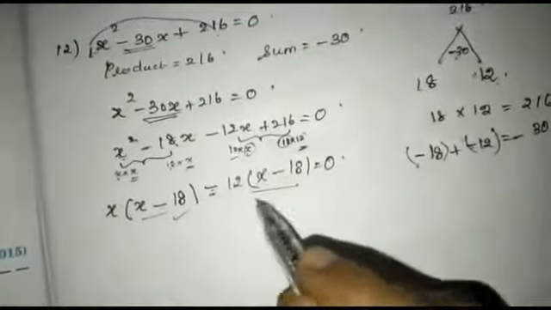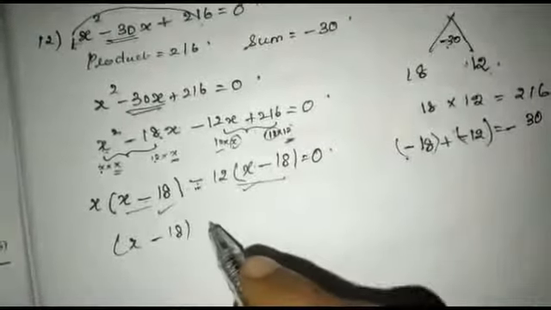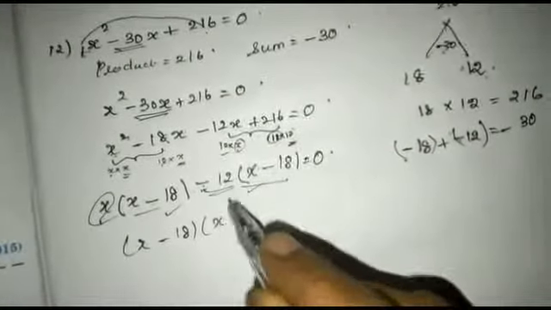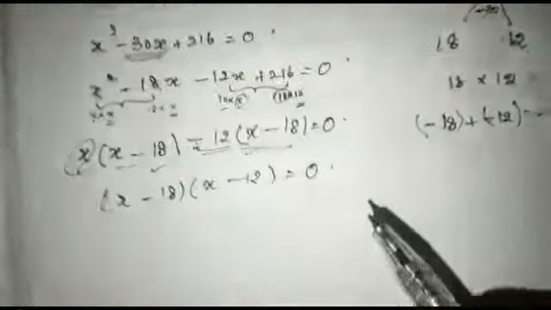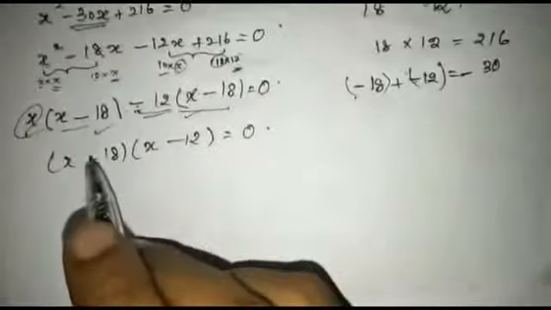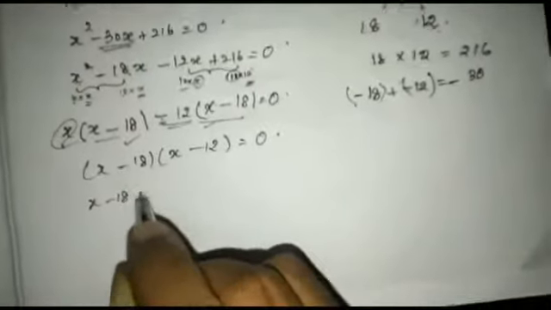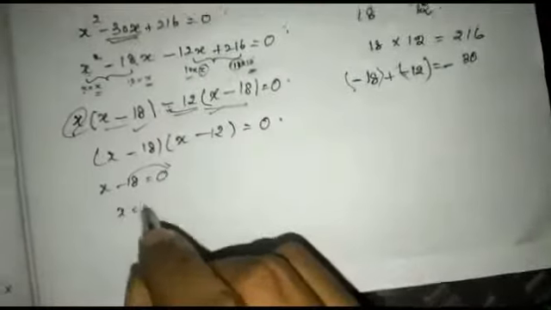Okay. Now these two terms are common, right? So take this x minus 18 commonly outside. So what is remaining here? x. And here minus 12 is equal to 0. Now by this zero product rule, we want to equate both the linear pair to 0. So x minus 18 is equal to 0. Now we transpose minus 18, it will become plus 18.